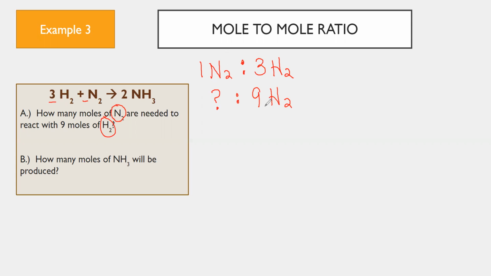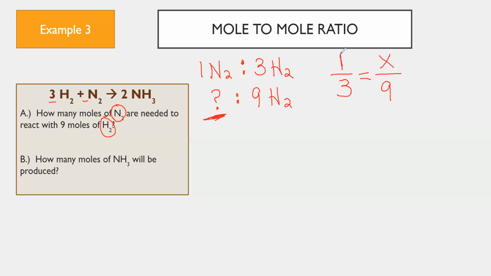Well, you can do this in your head. I'll walk through the steps. It's really just kind of a cross multiply thing. Hopefully you can figure it out, but let me walk through the steps. So let's look at our ratios. Normally we have a 1 to 3 ratio, and now we're trying to figure out this new ratio. We don't know what X is, because X is the new number of moles for nitrogen.